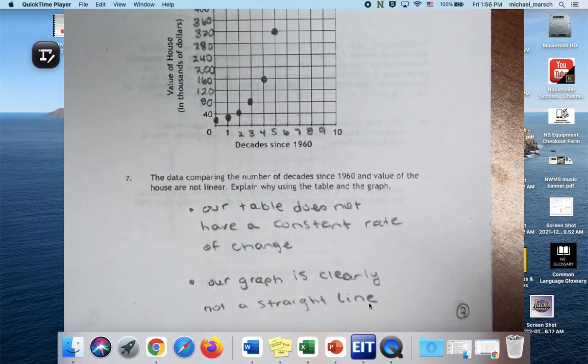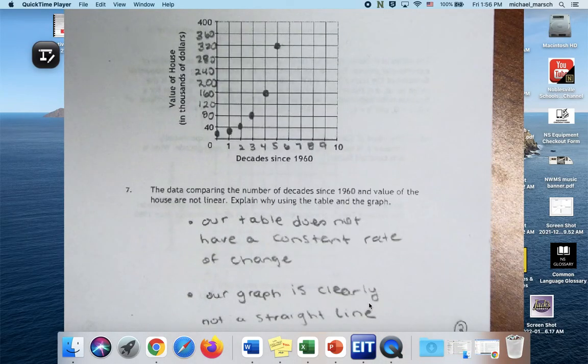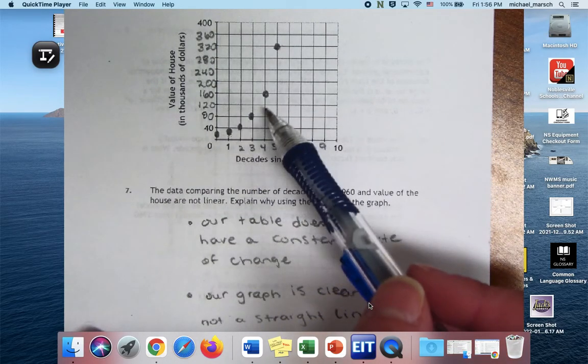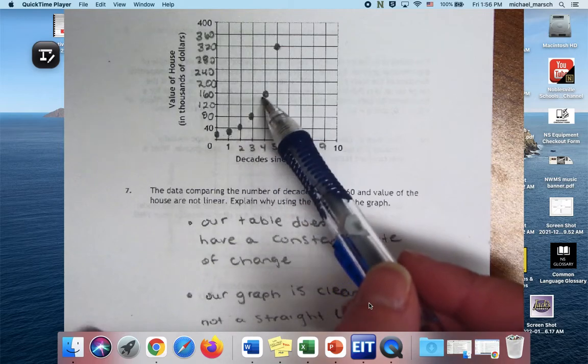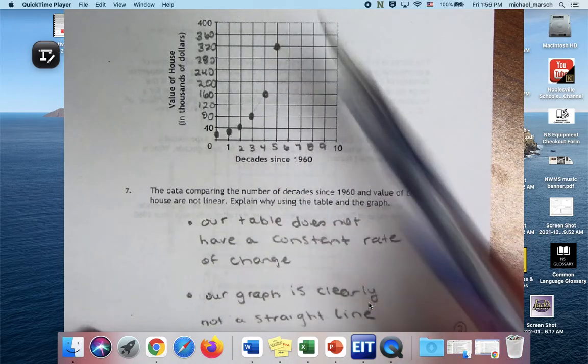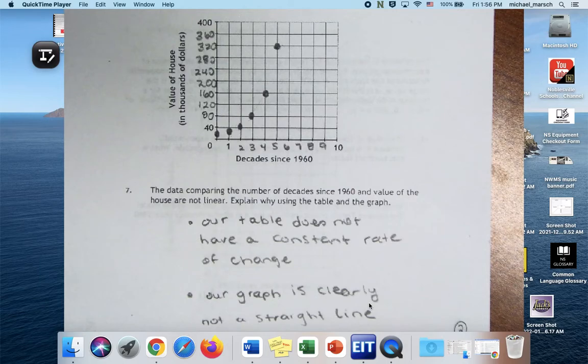Right? It very obviously curves up. And that is the perfect example of exponential growth, where these start separating out further and further, and the line just shoots up. Right? Eventually, it's going to look like it's a vertical line. Right?